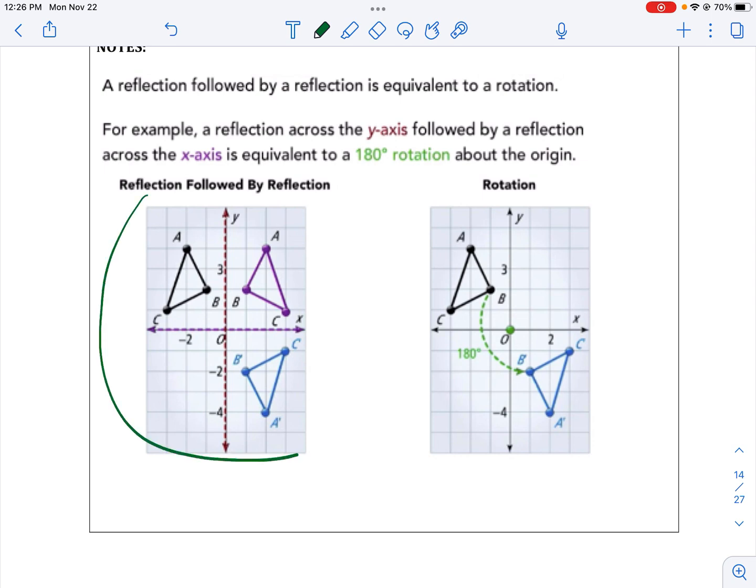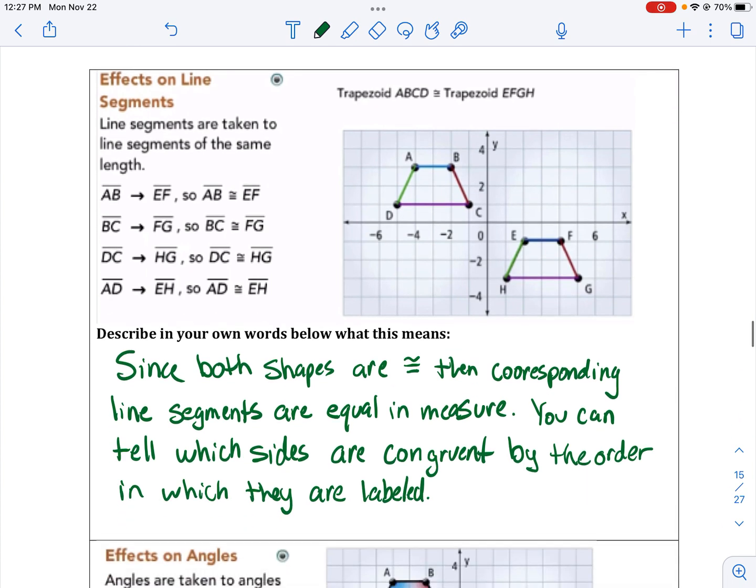Over here on the left, you can see a reflection over the y-axis and then a reflection over the x-axis. That is the same thing as a 180-degree rotation around the origin. So both of those can be used as transformations, but it's just quicker to go to the rotation than a reflection. Just nice things to know.